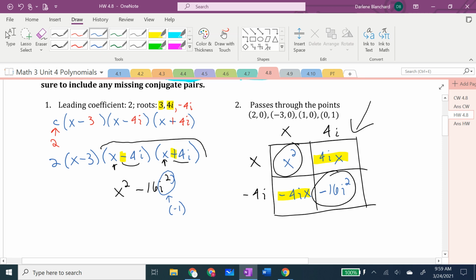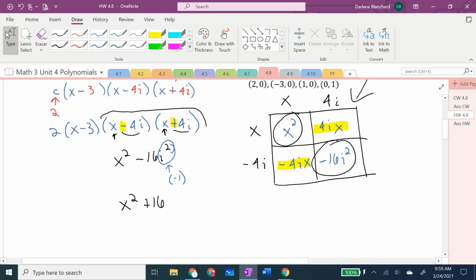So that means that we have x squared minus 16 times negative 1 turns that into plus 16. So that's bringing together those two. Always bring the conjugates together first to save yourself a lot of other pain.